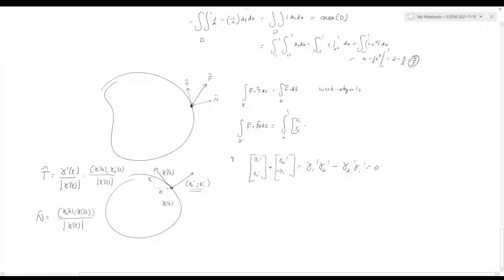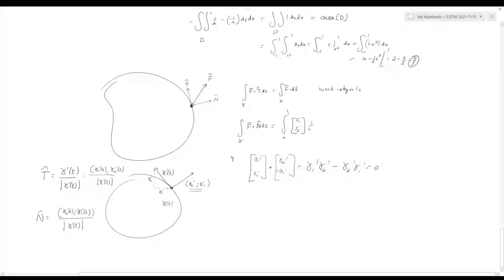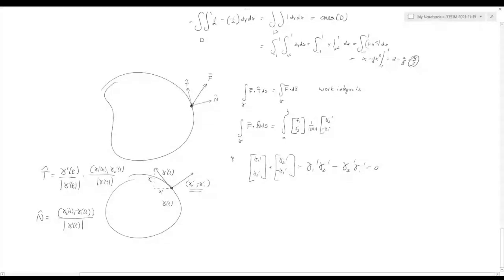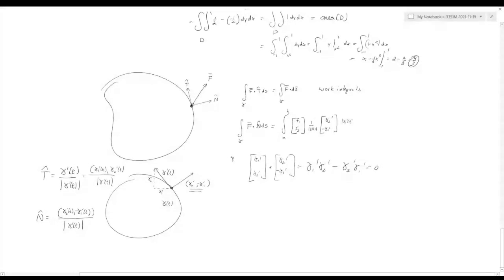And then we have the components of the unit normal, so that would be gamma 2 prime, negative gamma 1 prime. And ds we know is the magnitude of gamma prime dt. So these cancel.